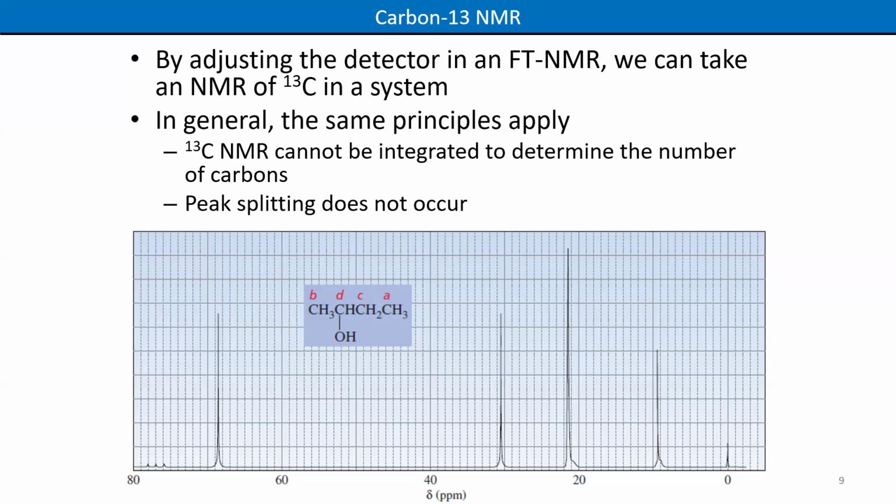Basically by just changing a setting, instead of going from 0 to 15 and looking for the way protons interact with other protons in the magnetic field, we can look from 0 to 200 parts per million. And by changing the response rate, we're actually looking at carbons.